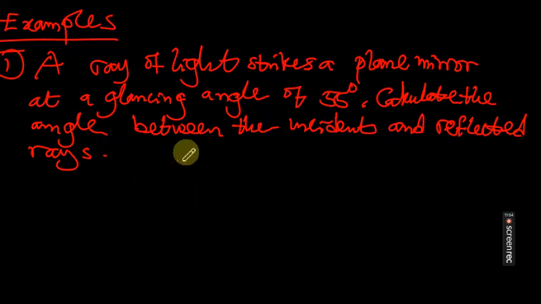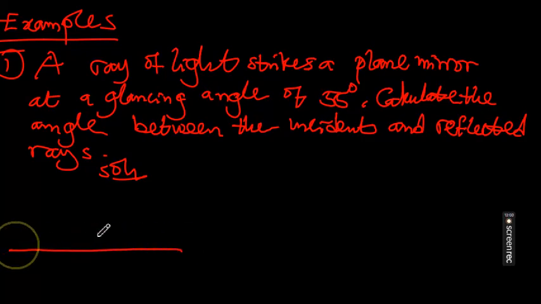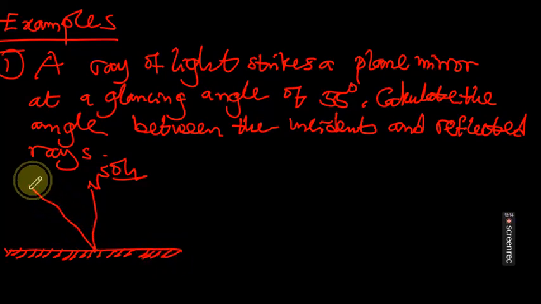So if you look at this now, all I need to bring out from here is the glancing angle given to you. So you have a plane mirror first. This is the normal on the plane mirror, and this is the plane surface of the mirror. You have the incident ray given here, and this will be the reflected ray.